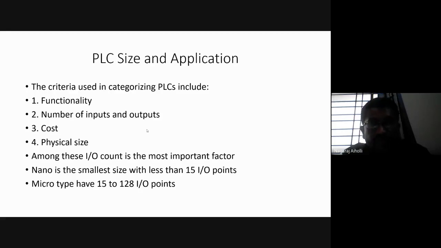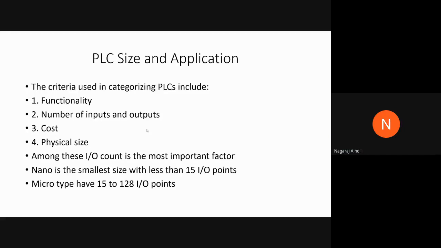Among all these four factors, the important one is the number of inputs and outputs, the IO count. Count means the number of input and output terminals. As I told previously, there are four types of PLCs based on their sizes. One is the nano PLC, which is the smallest size, which is having only 15 inputs and outputs.